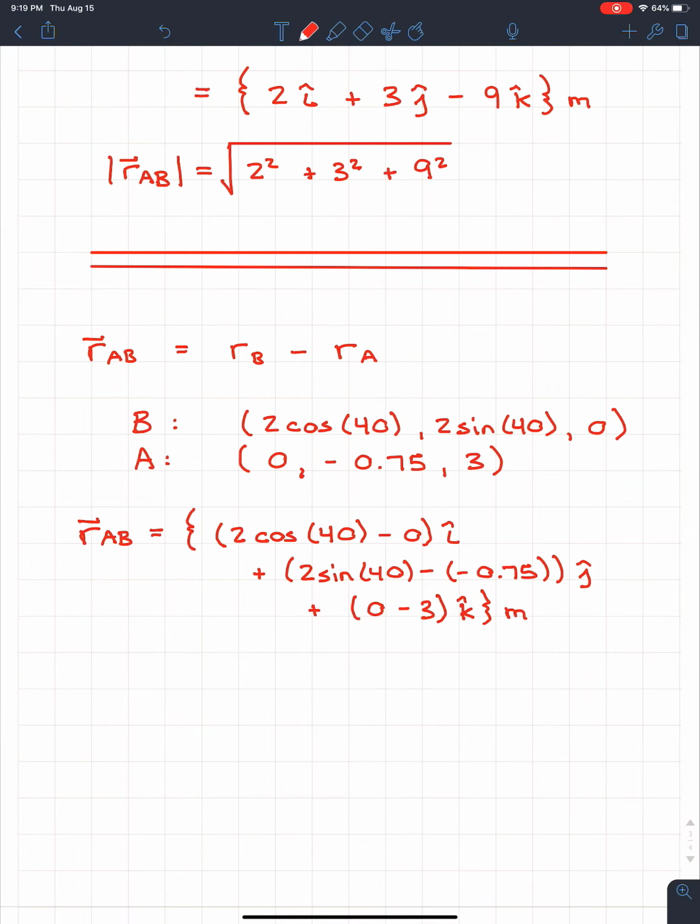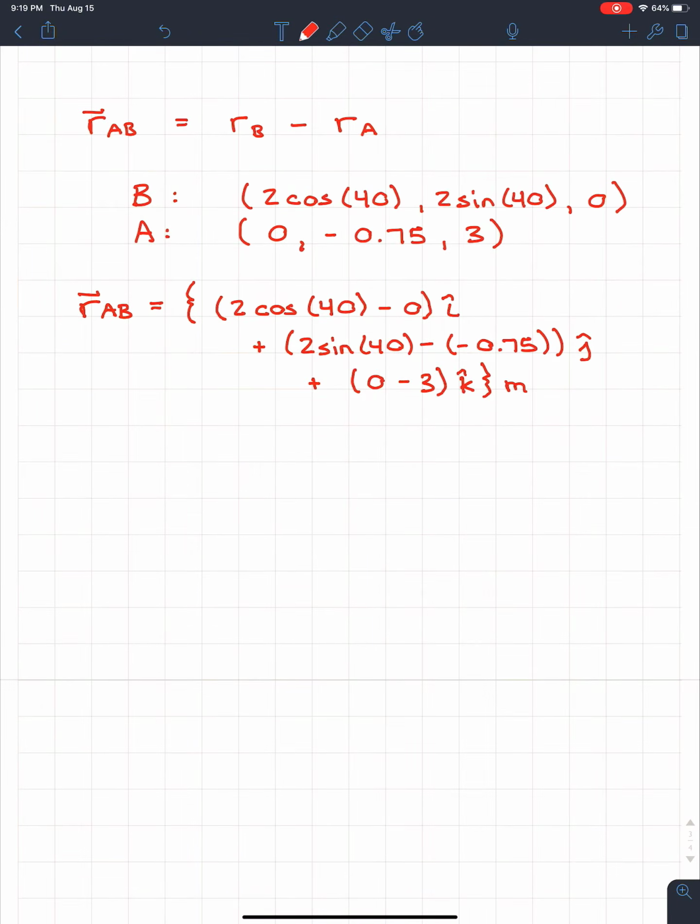So we type all this into our calculator. You'll find that RAB is going to be equal to, and then squiggle brackets because it's a vector, 1.532, and that's in the I direction, plus 2.036, and that's in the J direction.